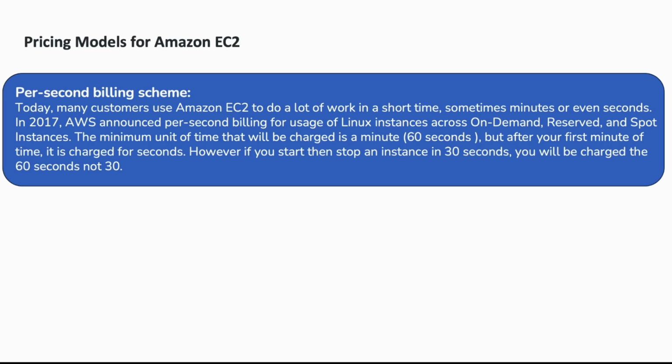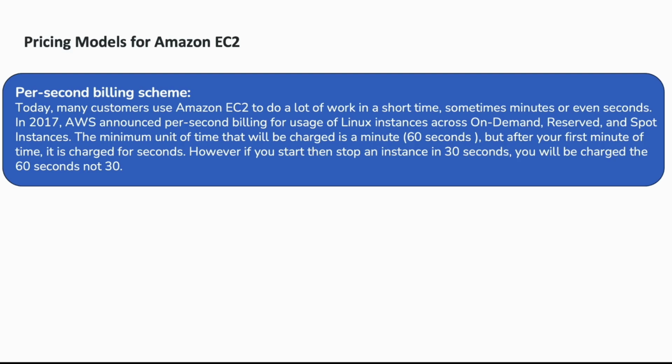Now there is a model called per second billing scheme. You should know it, because nowadays many customers use EC2 to do a lot of work in a short time, sometimes minutes or even seconds. In 2017, AWS announced per second billing for usage of Linux instances across on-demand, reserved and spot instances.